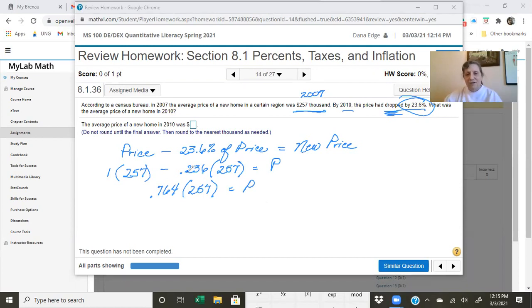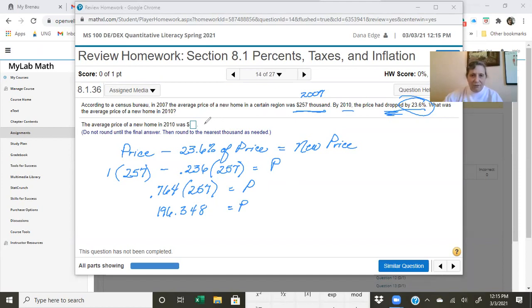When it lost 23.6% of its price, what remained would be 76.4% of the price. And this gives us a price of 196.348.